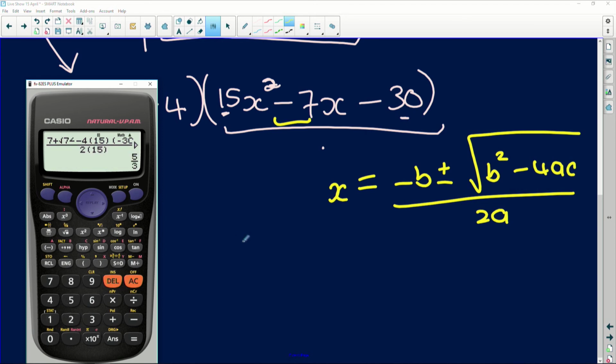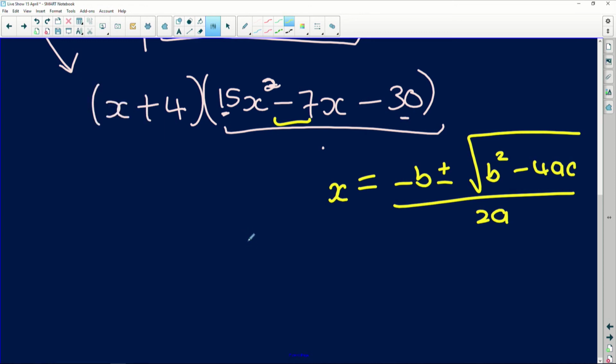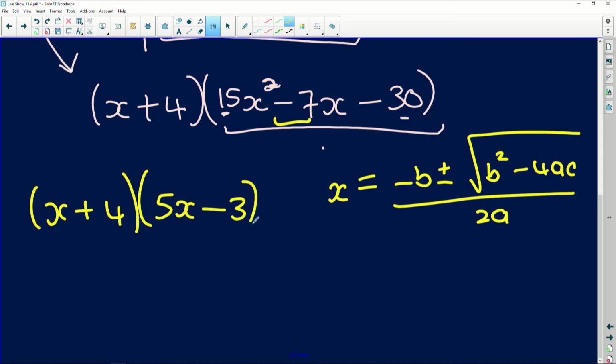So that means we have a factor of 5 over 3. Guys, so here we have x plus 4. And when we say 5 over 3, it means that we have 5x minus 3. No wait, these need to swap. So we get 5 over there, 3 over there.